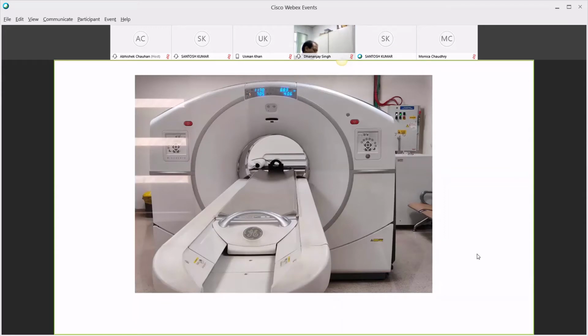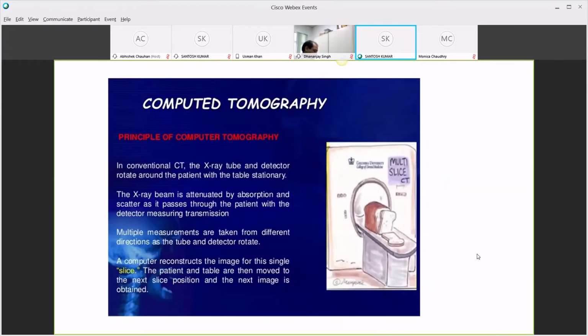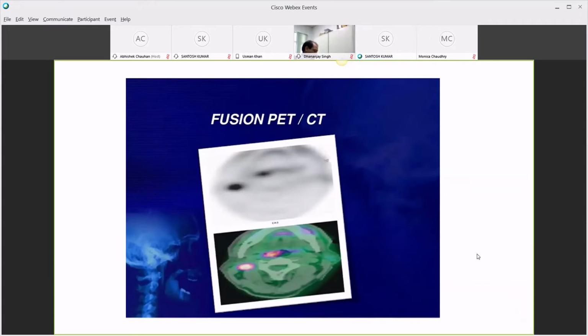So why is it really required? The multimodality is required. Look, when we are going to think about the PET side, we are not sure where the anatomy lies in the background. So we have to make sure the anatomical image should be there in the background of the PET.